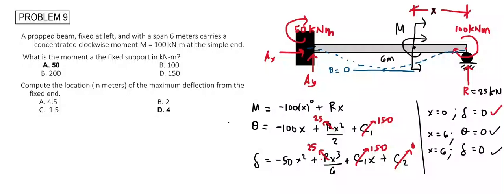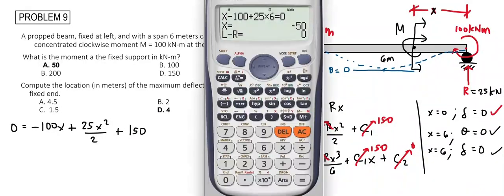Therefore, the angle or the slope of the beam must be equal to 0, and we will utilize this slope equation to solve for the value of x from the free end. So letting theta, the slope of the beam, equal to 0, equal to negative 100x plus 25 x squared over 2 plus 150, we can solve for x using our calculator.